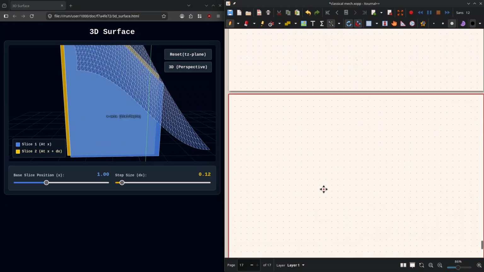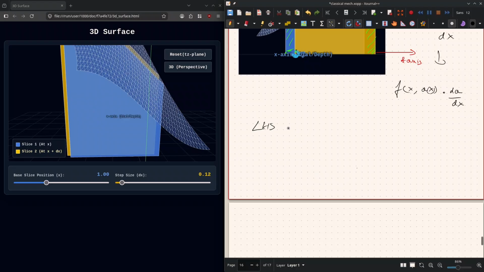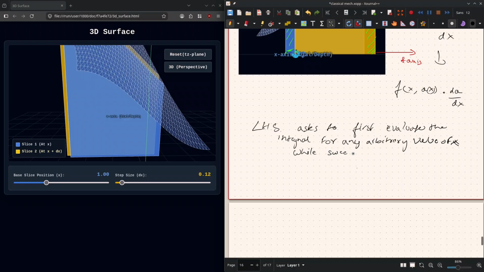To summarize, the LHS asks us to first evaluate the integral for any arbitrary value of x, while sweeping along, summing along the t-axis.